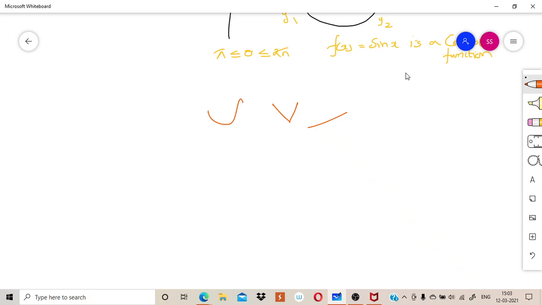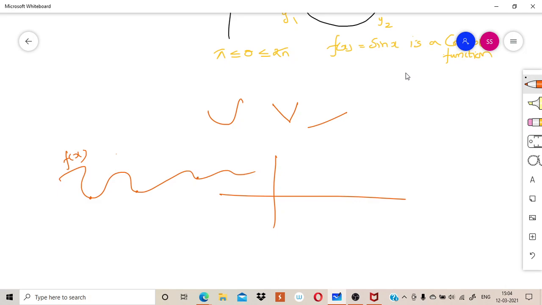Hence it is apparent that the local minimum of a convex function is also the global minimum of that function. For example, suppose we have an f of x curve like this. We have minimum values for this function at this point, at this point, and at this point.